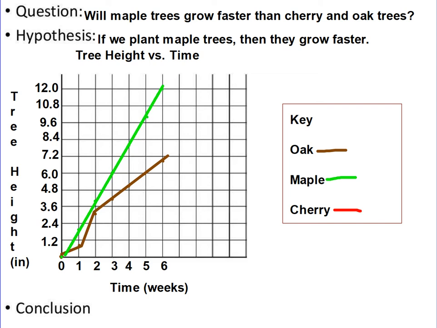And then the last one I have is cherry. Cherry starts off at 0, 0 again, and then it's at 1.5. And then it's at 2, and 2.5, 3, 3.5, and 4.